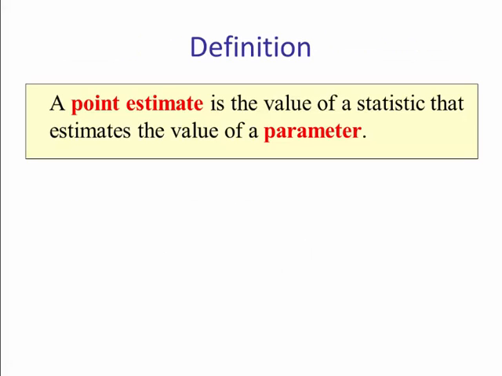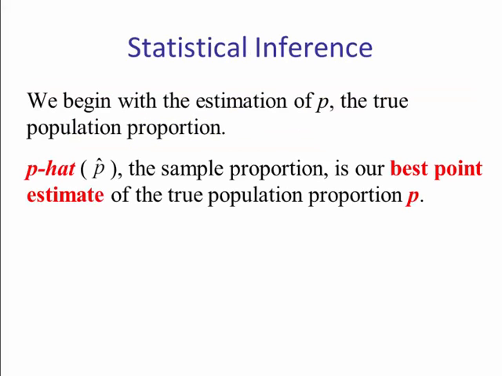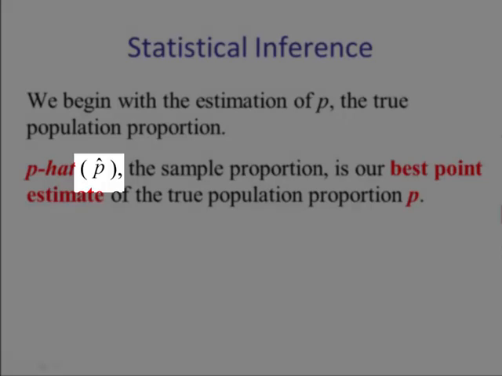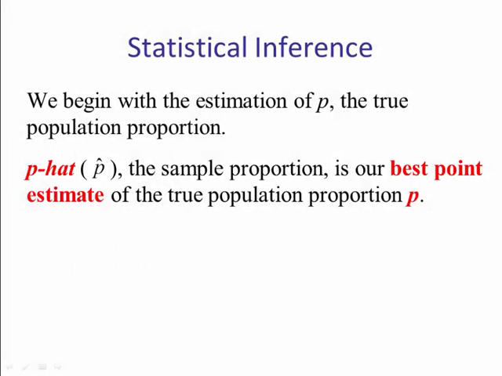So let's start off with a definition. A point estimate is the value of a statistic that estimates the value of a parameter. We will begin with the estimation of p, the true population proportion. P hat, which is denoted by this symbol, is the sample proportion, and it is our best point estimate of the true population proportion p.